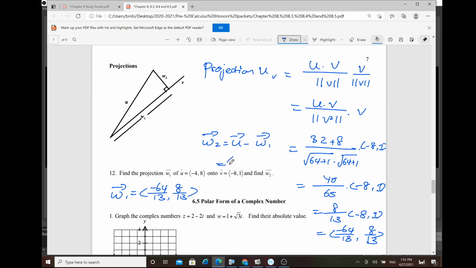So negative 4 comma 8 minus, okay, again, in brackets, negative 64 over 13, comma, 8 over 13. So this is something that you guys can finish. Convert that to the same denominator and subtract. Simple algebra. Okay, so that's it.